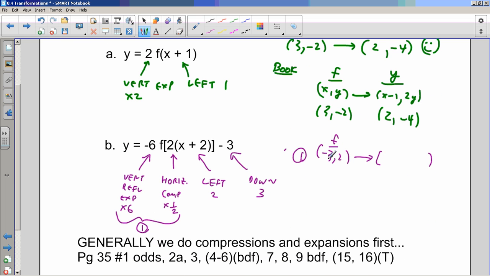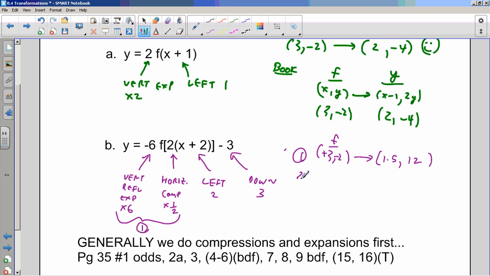Oh, I goofed that up. So it's (3, -2). So the x gets divided by 2, right? And I'm just doing the expansions and compressions and flips first. And what happens to the y-coordinate? Well, it gets multiplied by a factor of -6, flipped and expanded. So instead of -2, I'll have 12. And I'm thinking about the picture, right?